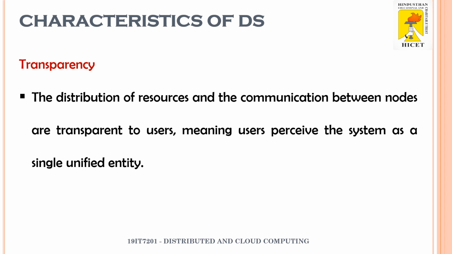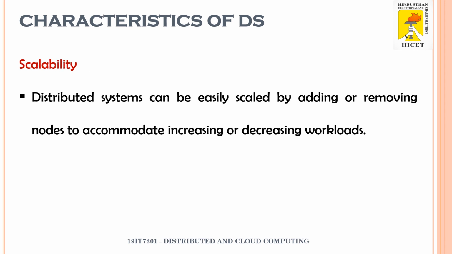Overall, the whole distributed system of multiple nodes is considered a single unified entity, so each node may be familiar with what other nodes are doing. That is your second key characteristic.